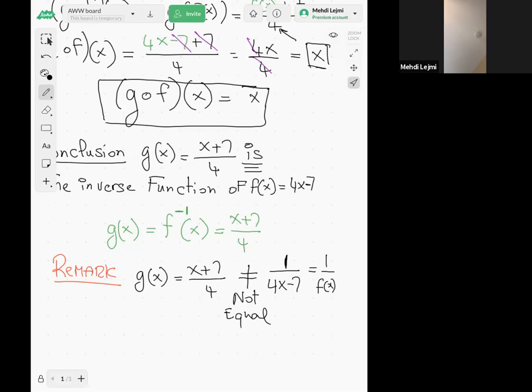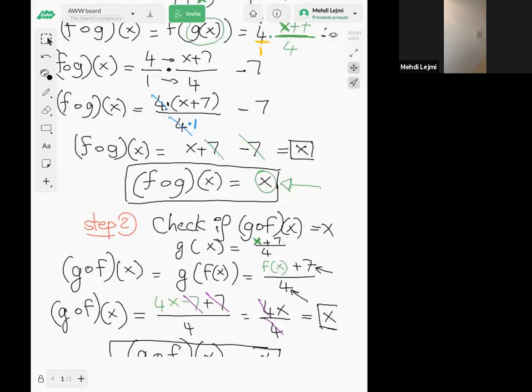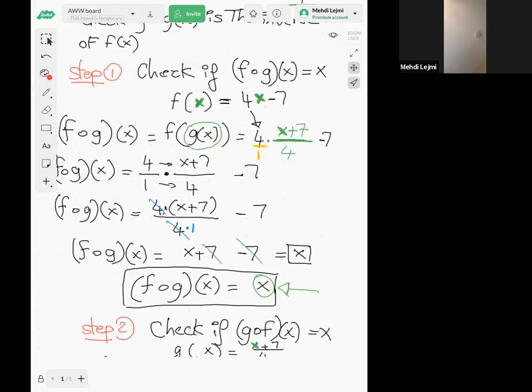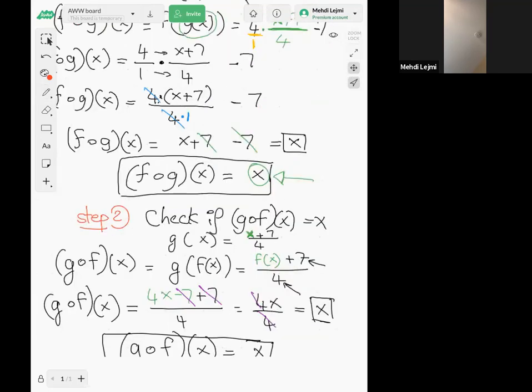But first, is there any question about this definition? Whenever you have to check if a function is the inverse of another function, there are basically 2 steps to do. In step 1, you have to check that f composed with g is equal to x. And in step 2, you have to check that g composed with f is equal to x.